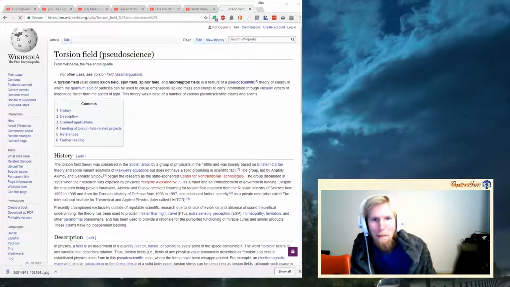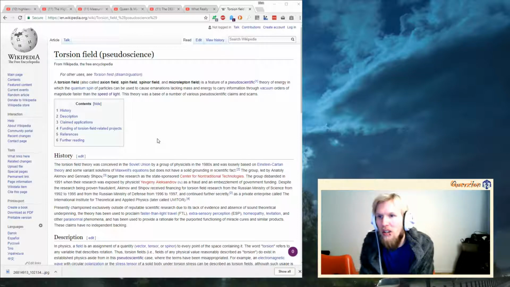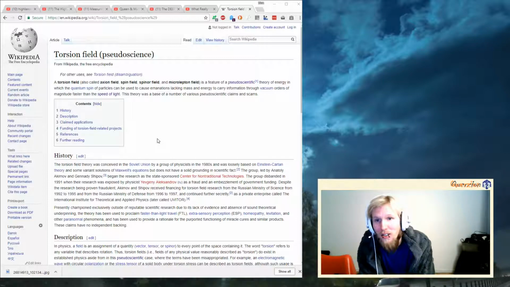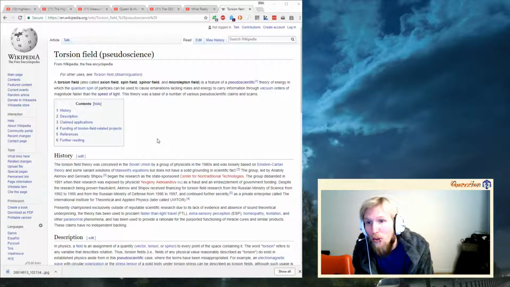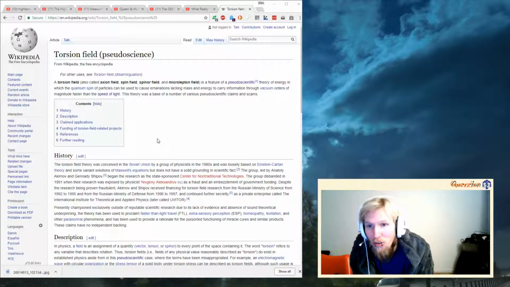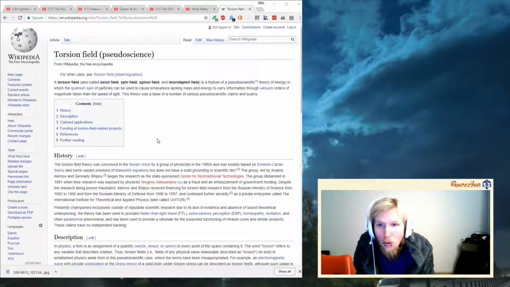So a torsion field, also called axion field, spin field, spinor field, and microlepton field, is a feature of pseudoscientific theory of energy in which the quantum spin of particles can be used to cause emanations lacking mass and energy to carry information through vacuum orders of magnitude faster than the speed of light.